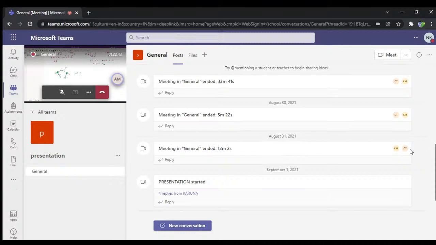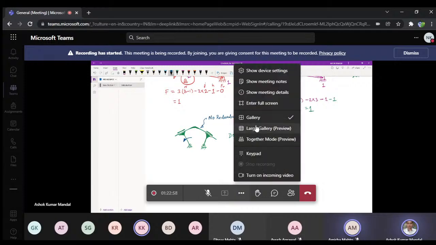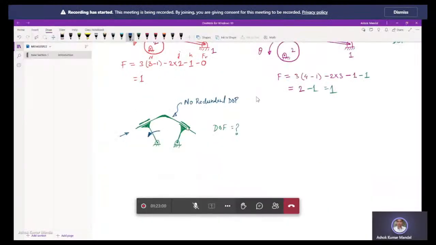This is no more a redundant degree of freedom. Right? If you move it in this direction, that will cause rotation here and rotation here.